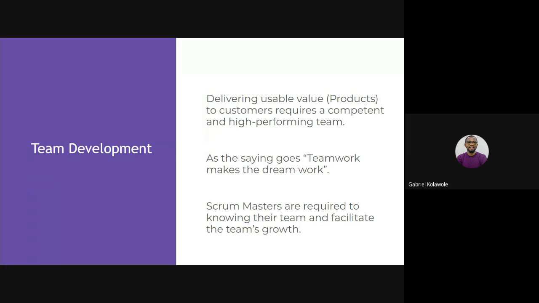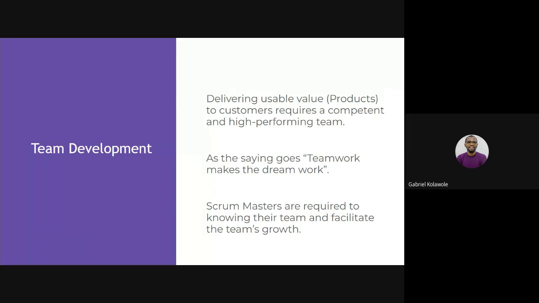As the saying goes, teamwork makes the dream work. If there is a team and they are not working together and not growing together, your dream, your goal, the product, might not eventually be achieved. And sincerely, what is all the Scrum thing? It is turning ideas into reality, turning somebody's dream into reality. Somebody dared to dream about something, and another person gathered people together to make that dream work, to bring that dream to reality.